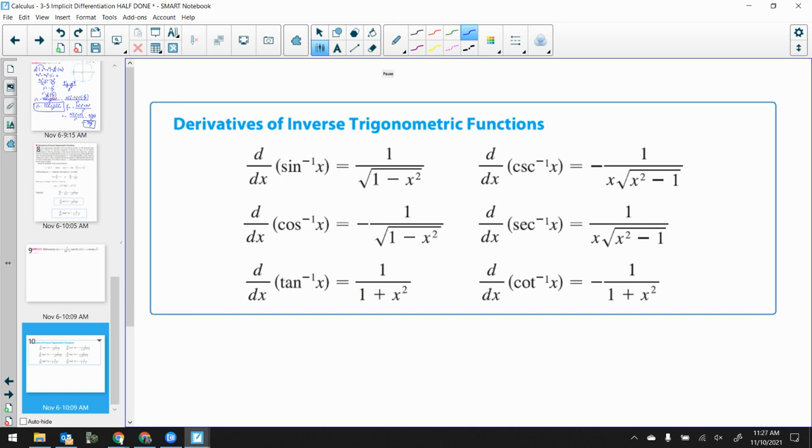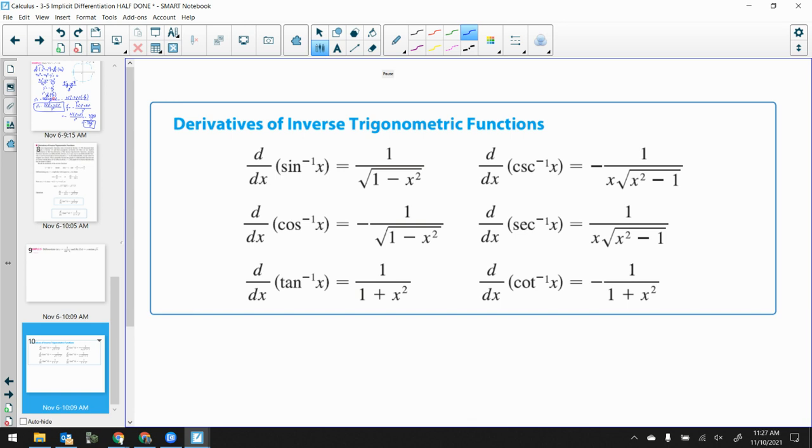The derivative of inverse sine is, and now I'm going to go over how I would memorize these, how I would think about these. They all are in the form 1 over something. Sine and cosine are 1 over the square root of 1 minus x squared, except cosine is negative.